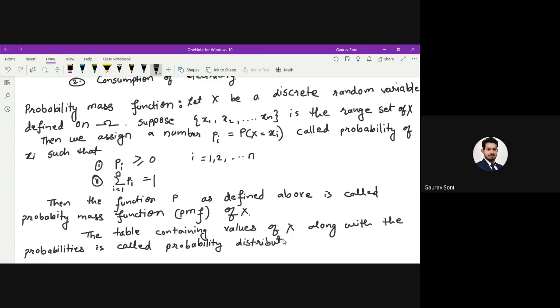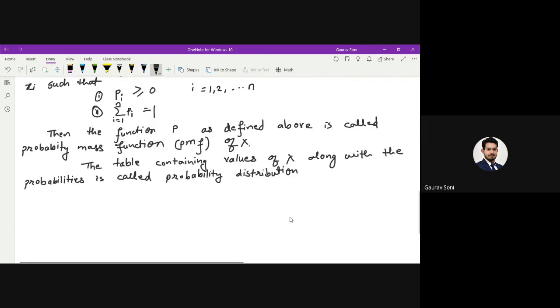A lot of MCQs can be made here. How? A table, I can give it to you and ask you to verify whether the given is a probability distribution or not. What will you do?